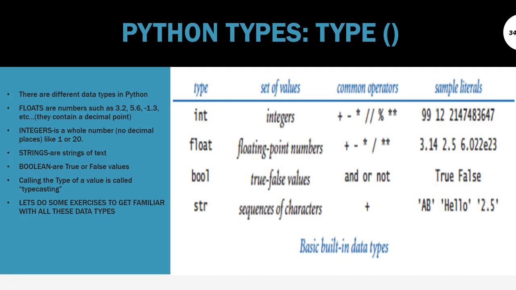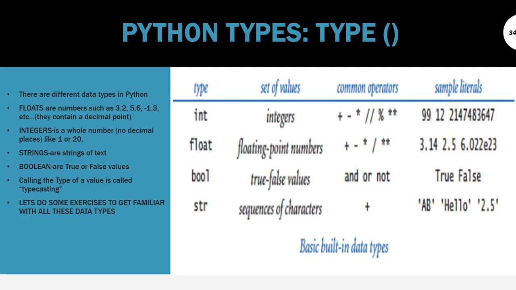The word in Python for that is float. Integers, however, are whole numbers. They don't have any decimal places. Numbers like 1 or 20, as you can see, don't have any decimal after. You could say 20.0, that will be a float, whereas 20 will be an integer.